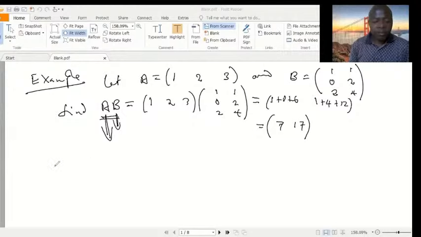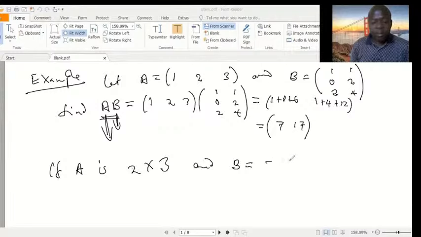So if matrix A is a 2 by 3 matrix and matrix B, this one, has how many columns? So it's a 3 by 4 matrix. Then we can find AB because the columns here are 3 and the rows are 3.